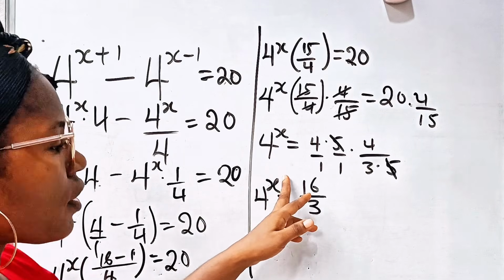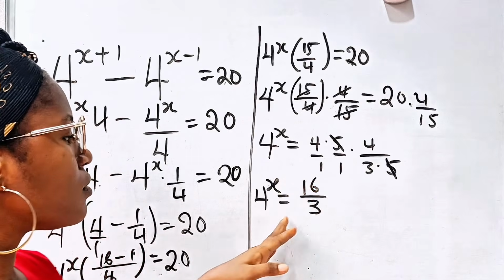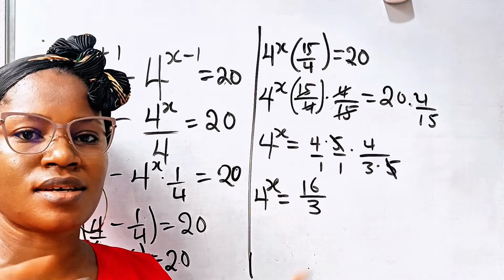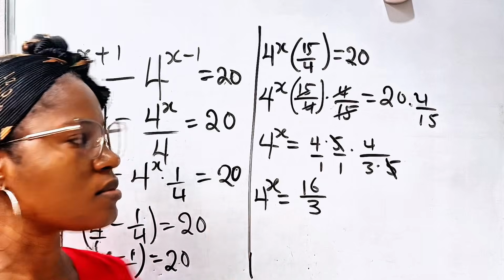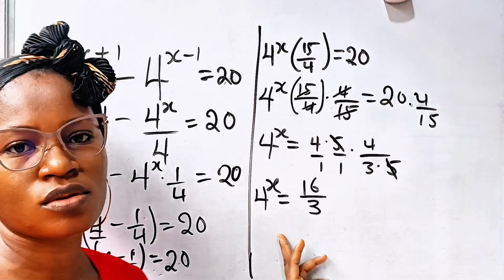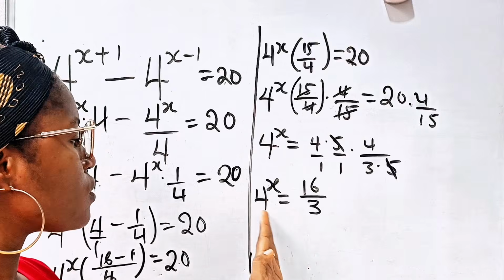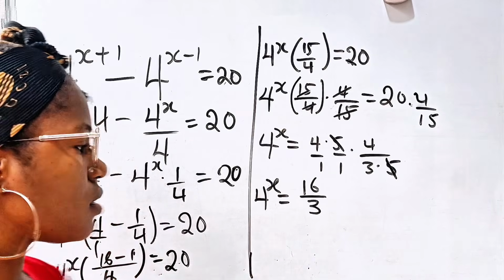Now we are looking for x. Anytime the exponent is your variable, the easiest way, not the only way, but most times the best way to solve this is to use the law of logarithm, okay? We bring in log, we are going to take log of both sides.